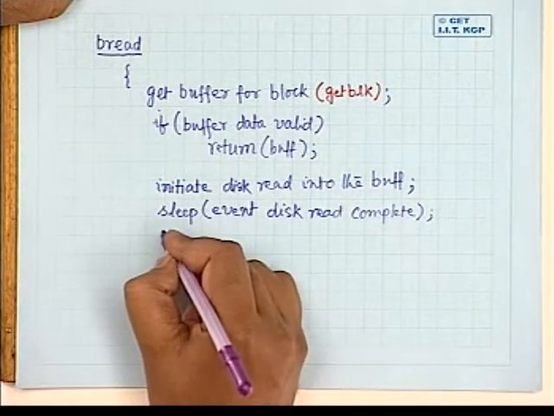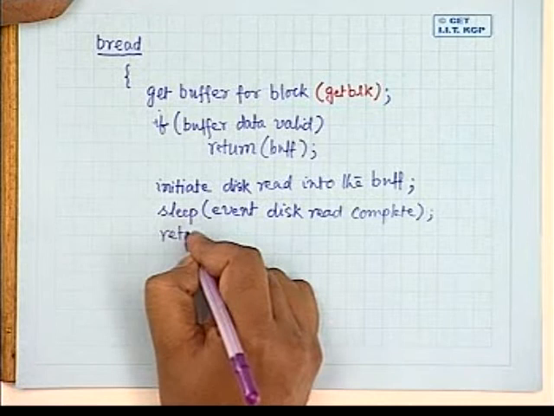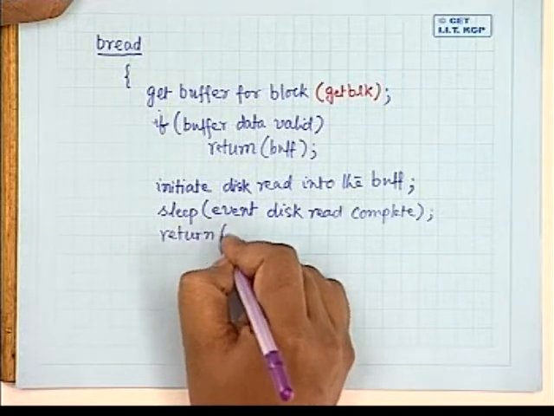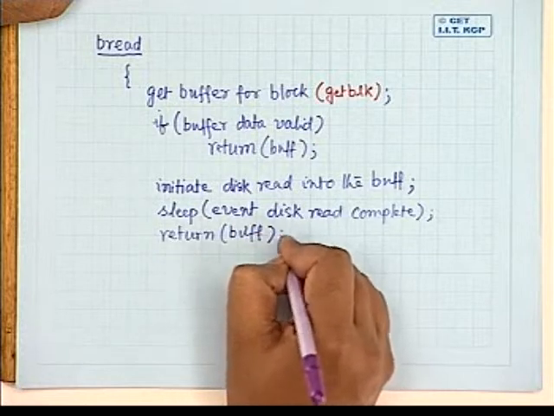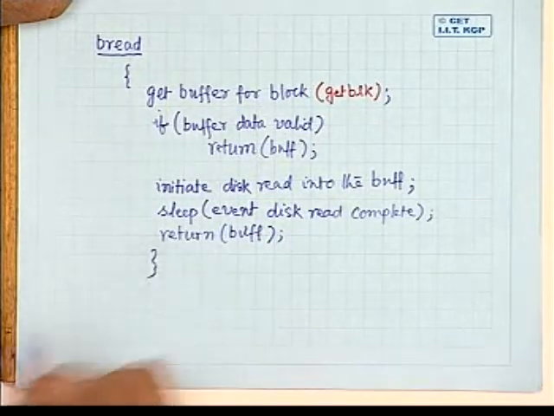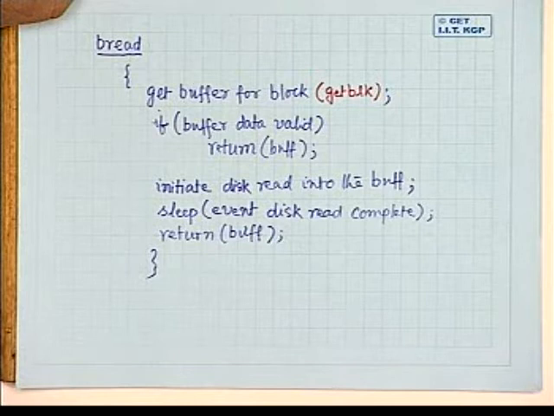Okay, and once disk read is complete, then the buffer containing the new block can be written. So this will be the block read operation whenever a process wants to get data from a particular disk block.